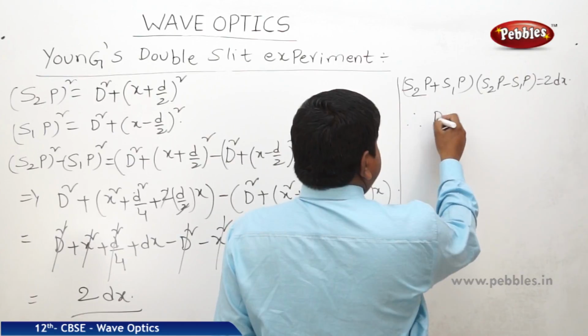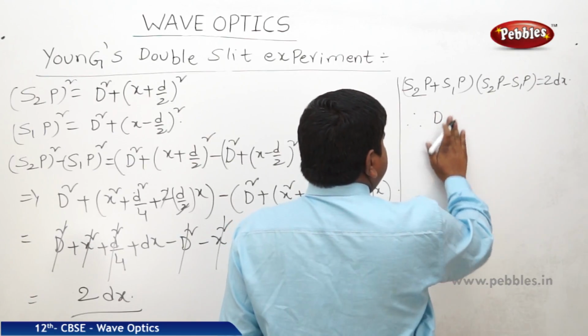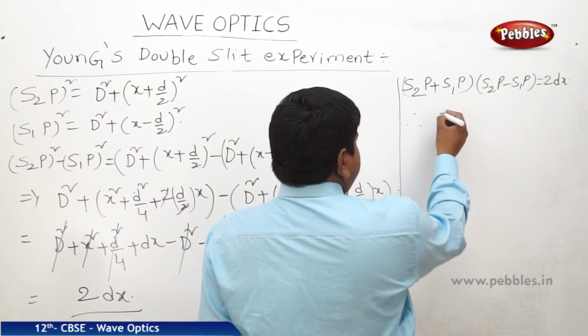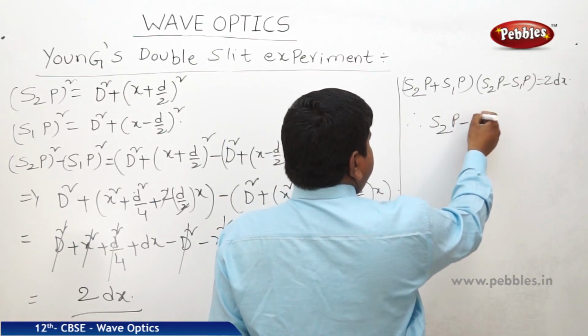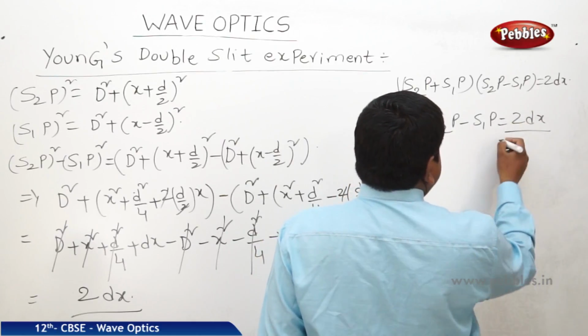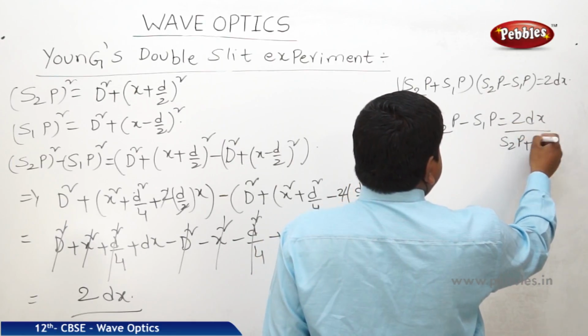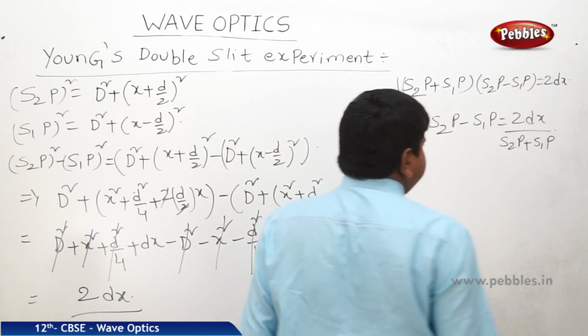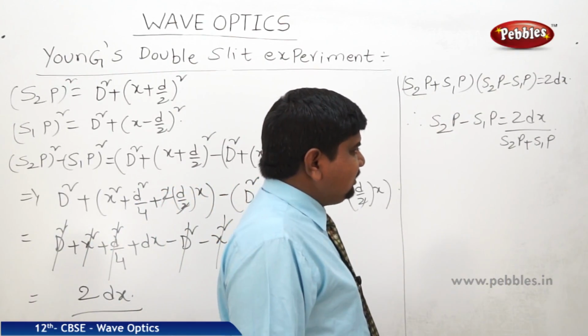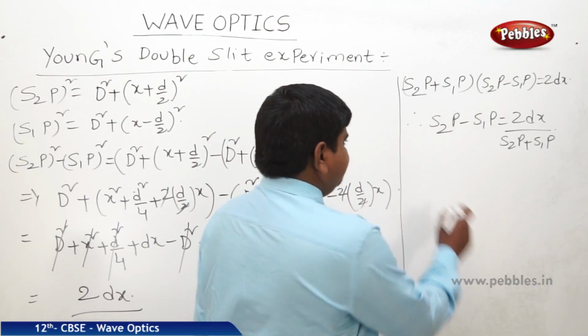So therefore S2P minus S1P is equal to 2dx by S2P plus S1P. So S2P plus S1P is equal to D plus D, 2D.